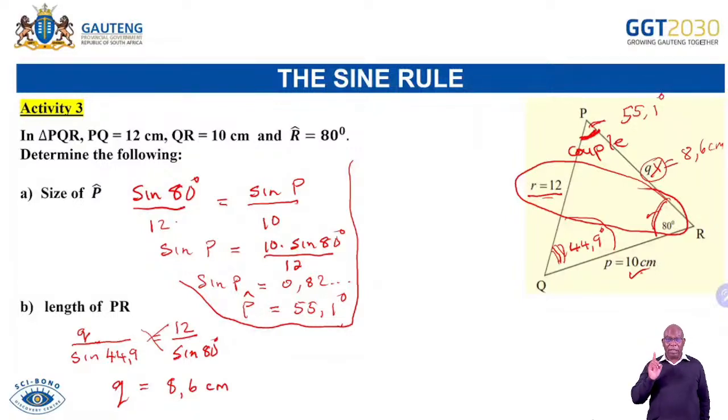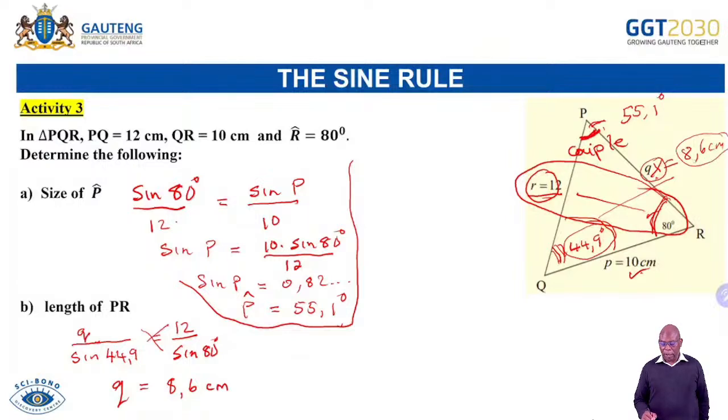Now, here's another skill that we must learn. This angle here is the biggest angle in this triangle. This side here is the longest line. Let's check which angle is the smallest. It's 44.9, and 44.9 is opposite this line here.